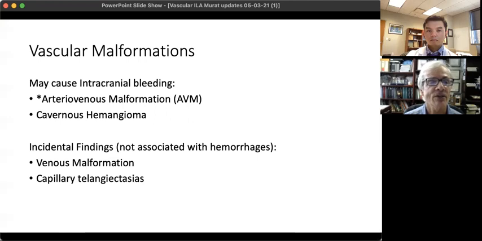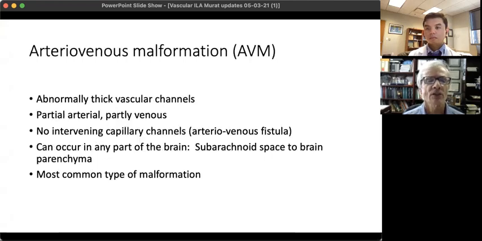AVMs are the most common type of malformation. So we are talking about arterial and venous type blood vessels joining directly without any capillary bed in between. Therefore, you have hybrid vascular channels, part of which are arterial and the other part venous in nature.